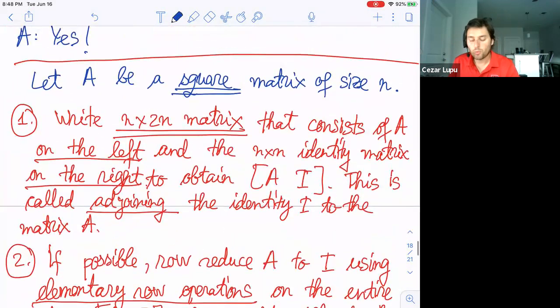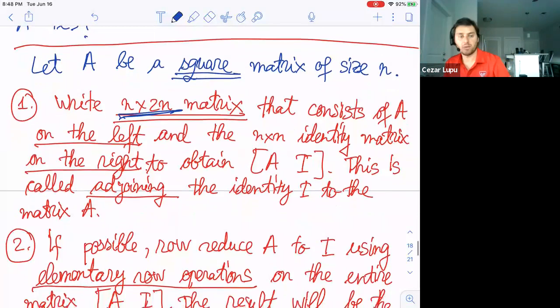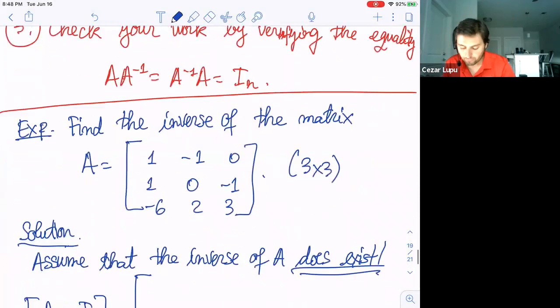Step 1, write the n by 2n matrix that consists of A on the left and the n by n identity matrix on the right to obtain AI. So basically we adjoin the identity to the matrix A.